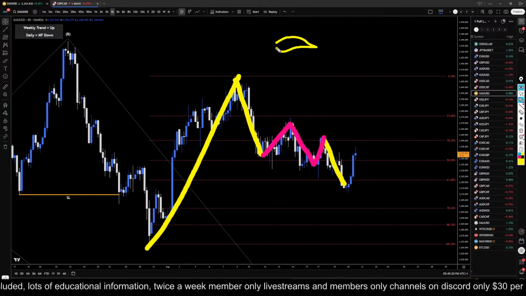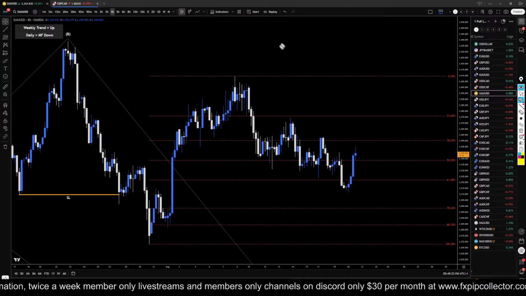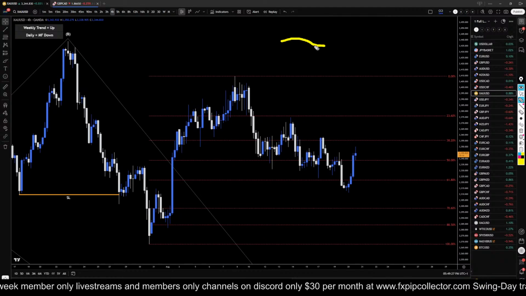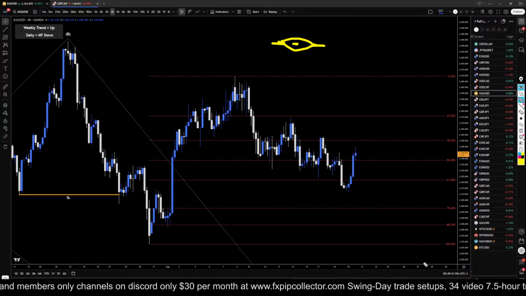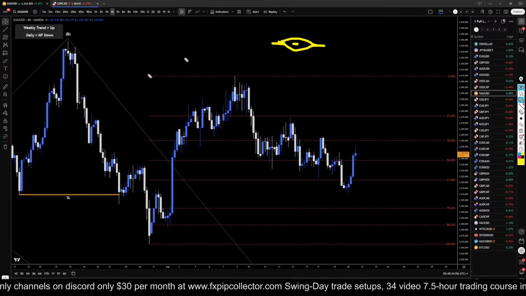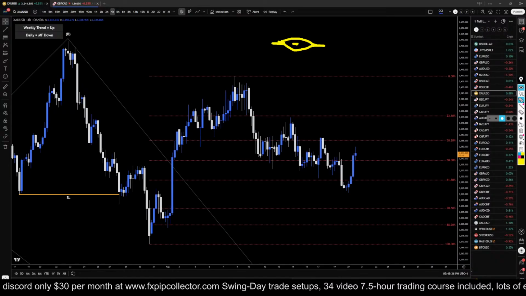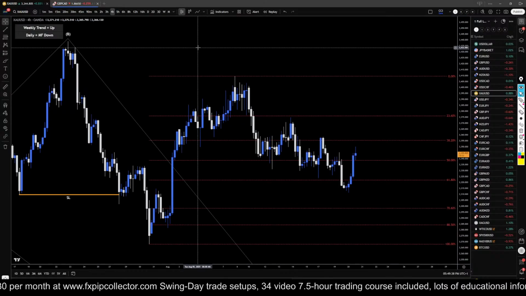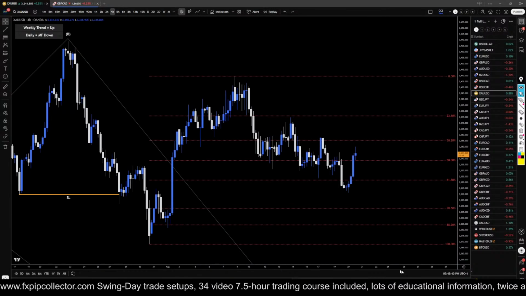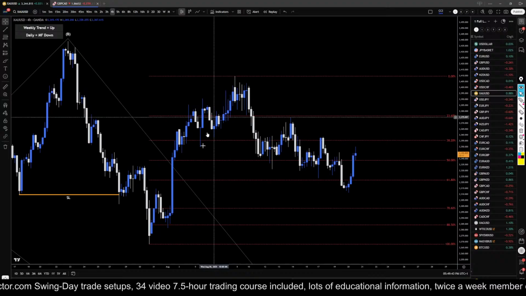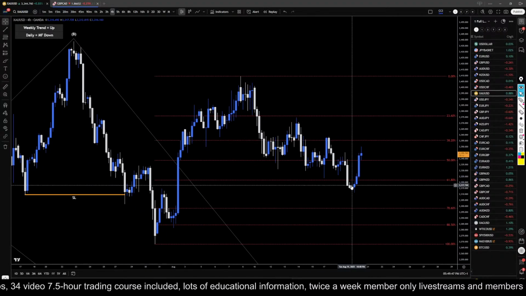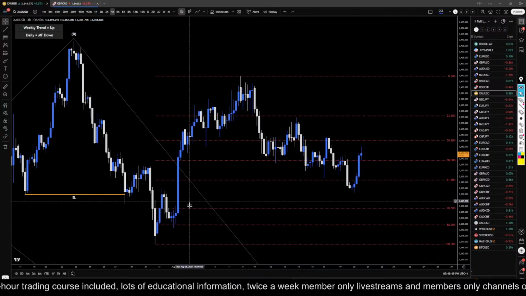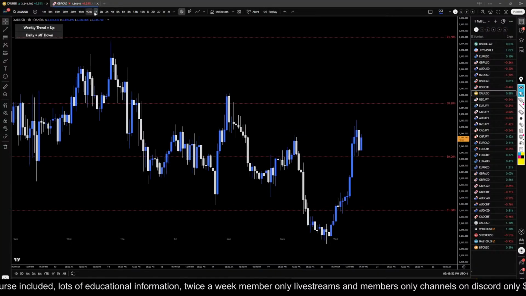So whatever you can do to help train your eyes to see these patterns is what you need to do. No indicator, no Fibonacci, no channels, no nothing is ever going to work as well as your eyeballs and being able to tell the difference between impulsive and corrective. And this is definitely corrective for me, and that's definitely impulsive, which means it should lead to another impulsive to the upside, in my opinion.